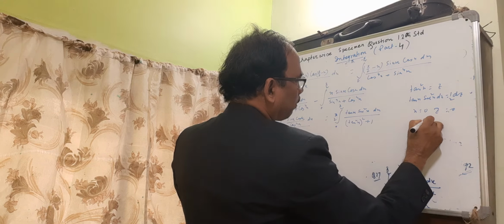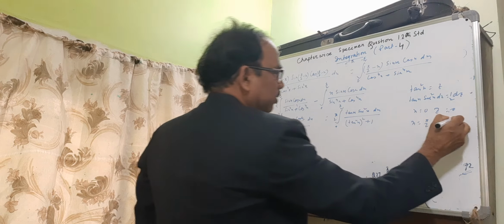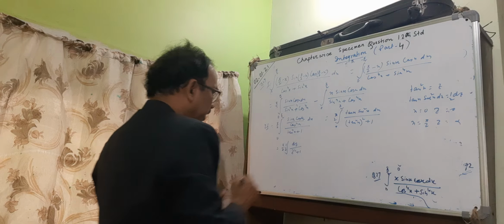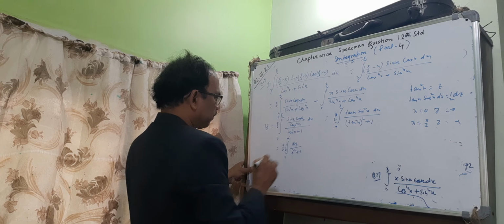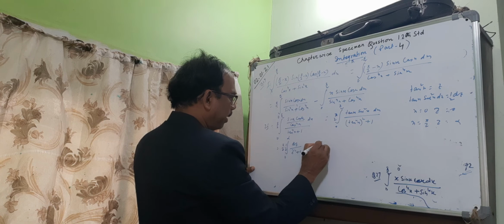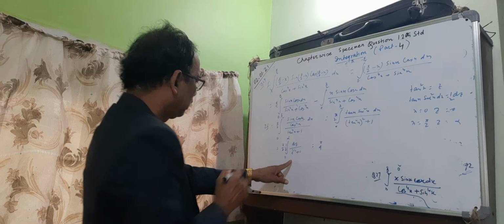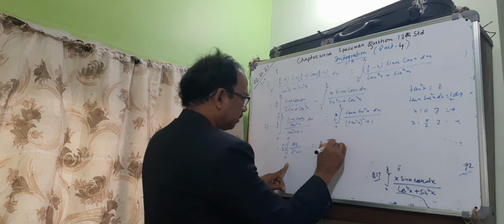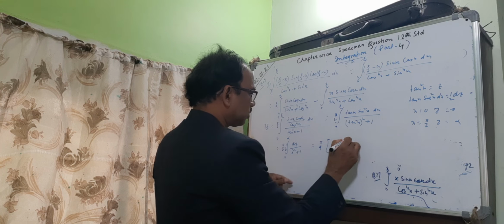When x equals pi by 2, z is tan 90, which is infinity. Your limit will be 0 to infinity. Now pi by 4 times tan inverse z from 0 to infinity.